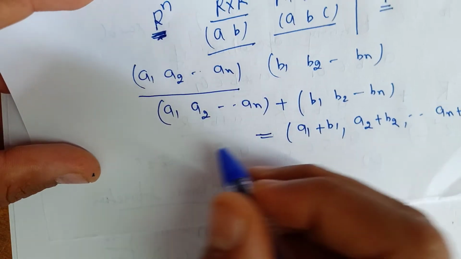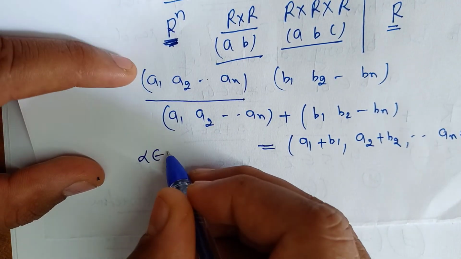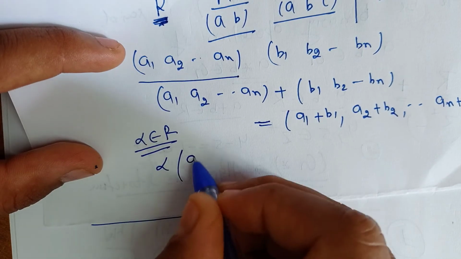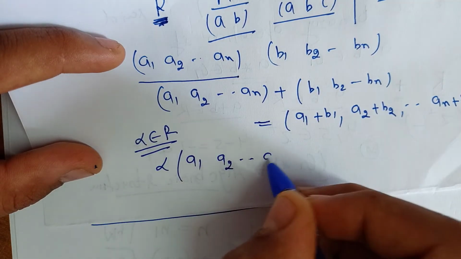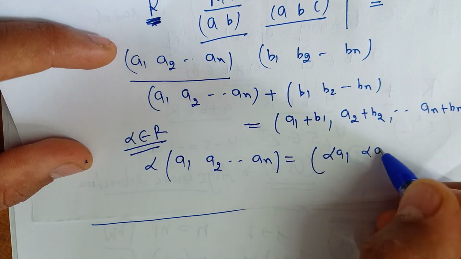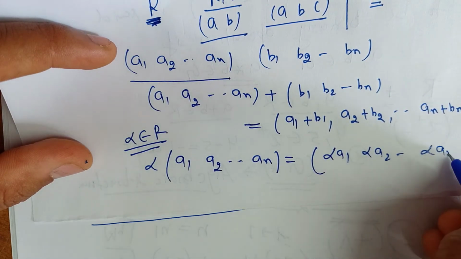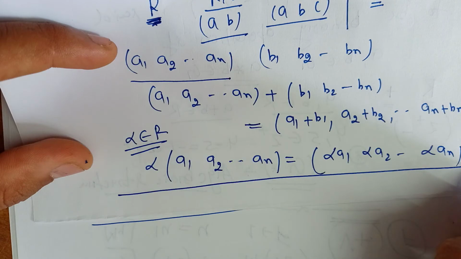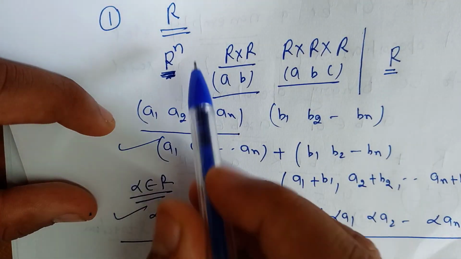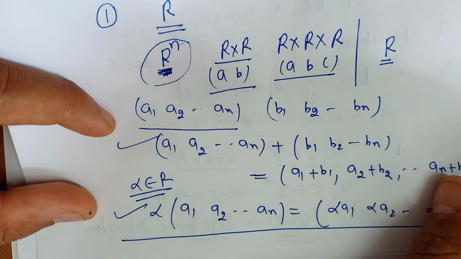And scalar multiplication: if you take alpha, any real number, then alpha times (a1, a2, ..., an) equals (alpha a1, alpha a2, ..., alpha an). With these operations, vector addition and scalar multiplication, Rn is a vector space.